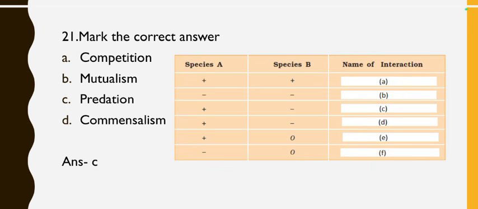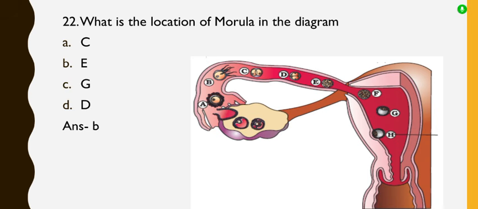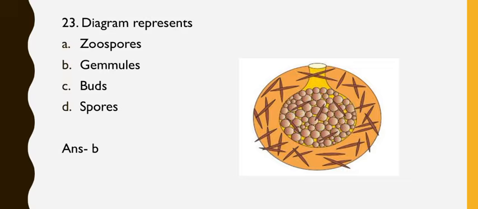Mark the correct answer about this population interaction. The correct one is C, that is predation. What is the location of the macula in the diagram? In the given labeled diagram, the macula is represented by labeling E, that is option B. This diagram represents a gemule.